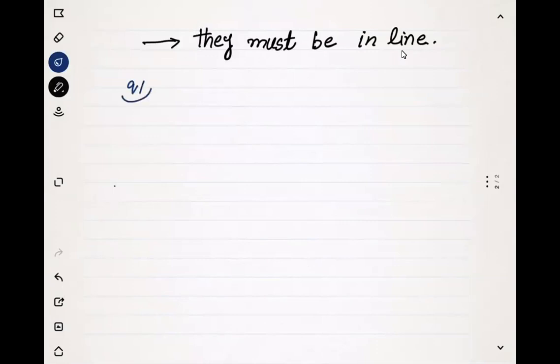Question number 1. There are 2 forces which are acting on 2 objects.